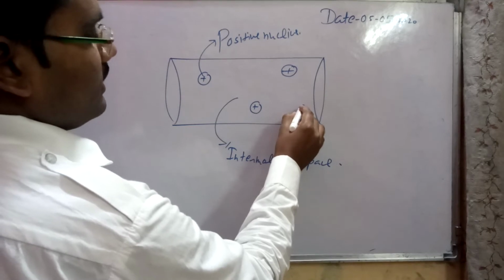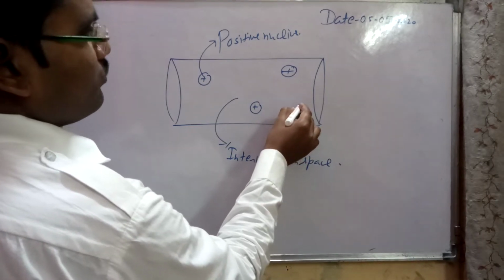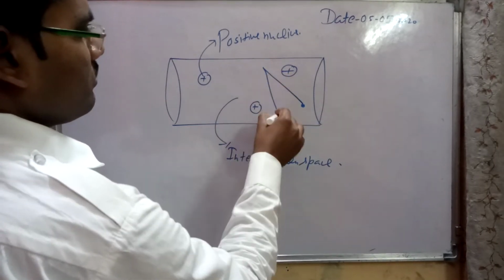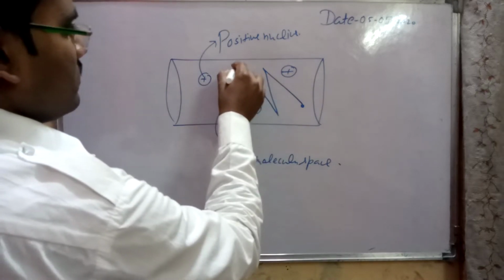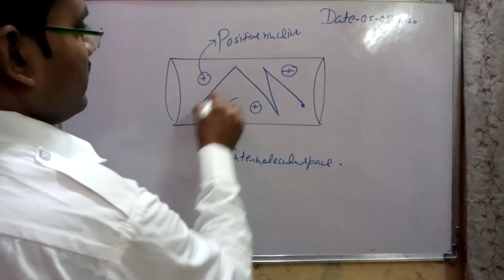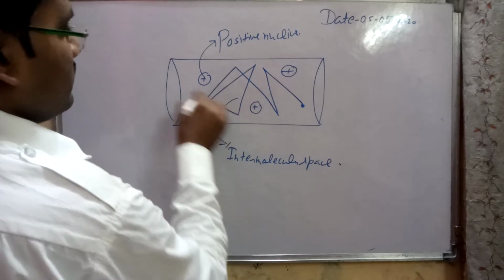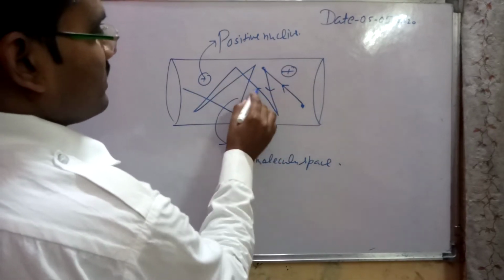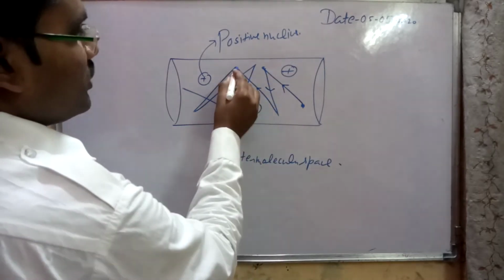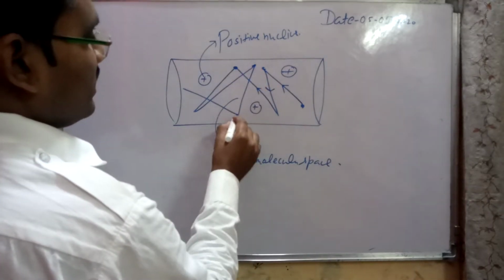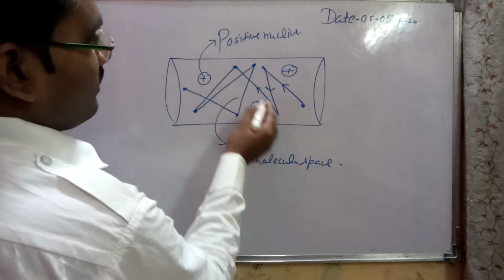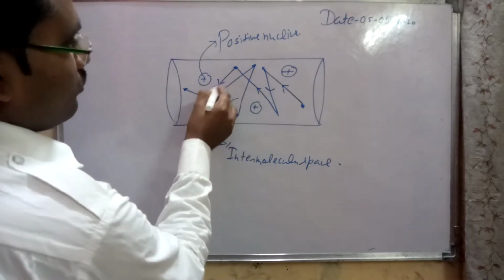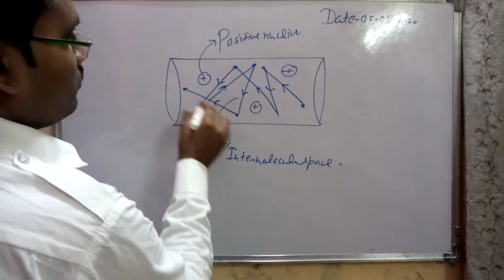So now here we take an electron, this electron moves like this, this, this, this, again here and here. So the electron moves randomly in intermolecular space due to its thermal energy.